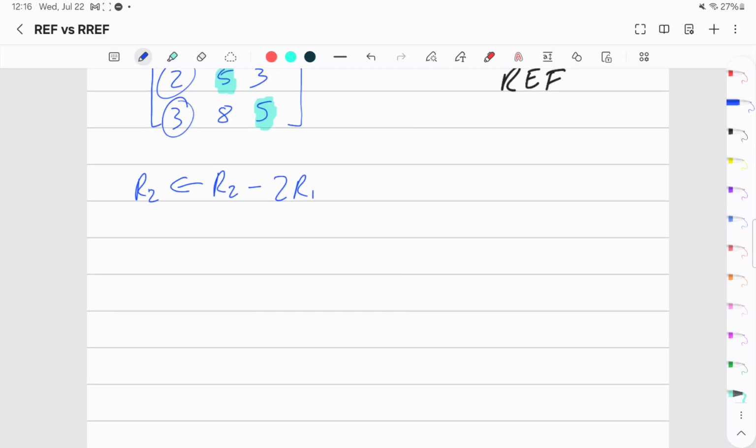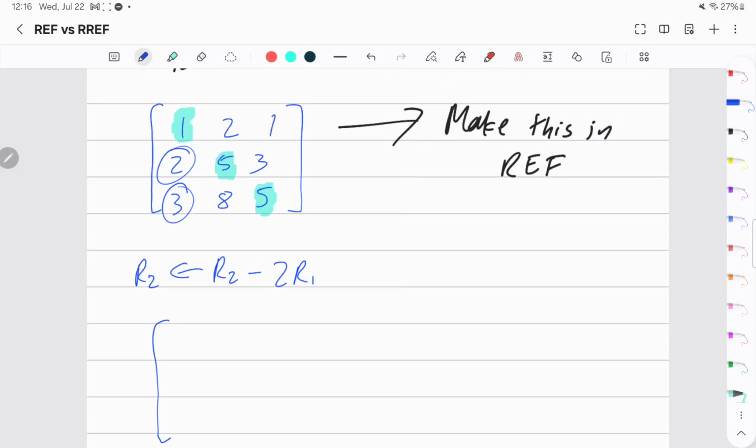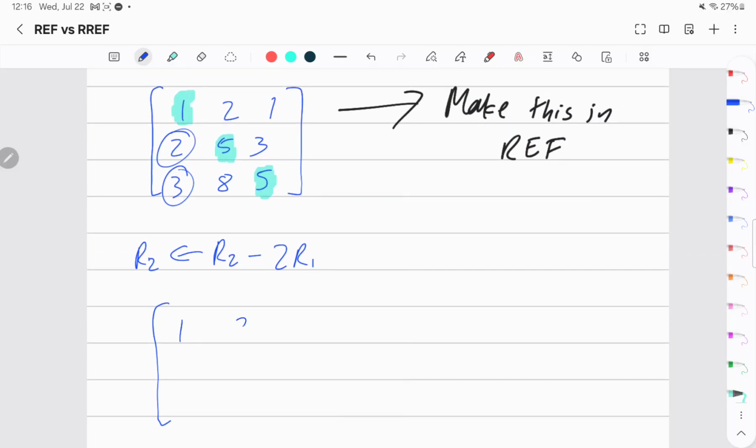Let's see, does this thing work or not? The first row stays the same because nothing happened, and so does the bottom one. Now for the second row, I'm saying you take the second row element and subtract twice the row 1 element. Let's do the first one. It's 2 minus 2 times 1, which is 0, and bingo, that's what I wanted.